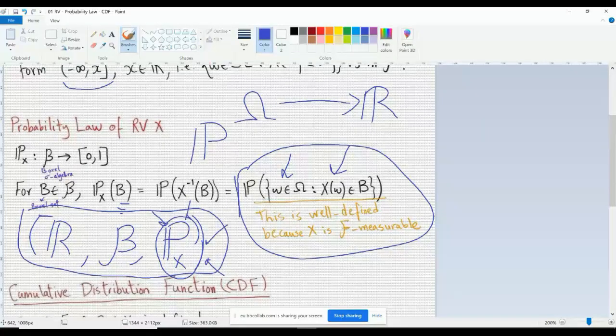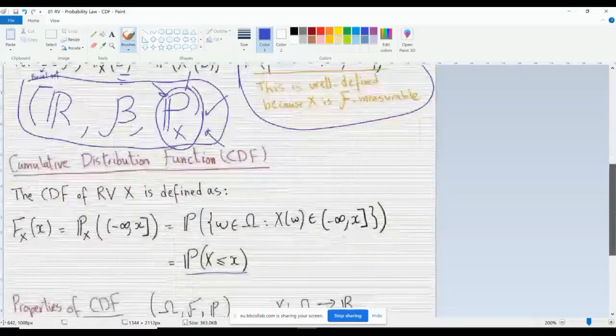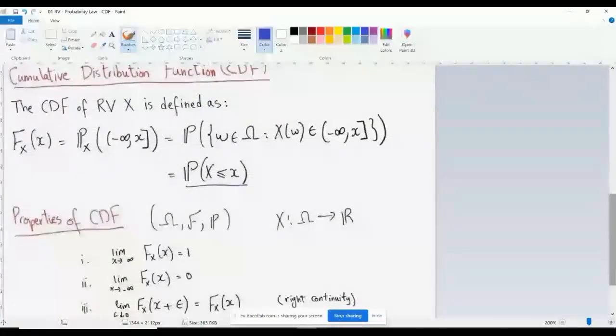Later we will talk about the probability mass function, which is defined for discrete random variables, probability density functions for continuous random variables, and so on. So there are things that are specific to certain types of random variables. The CDF is universal. You can define it for any random variable of your choice.